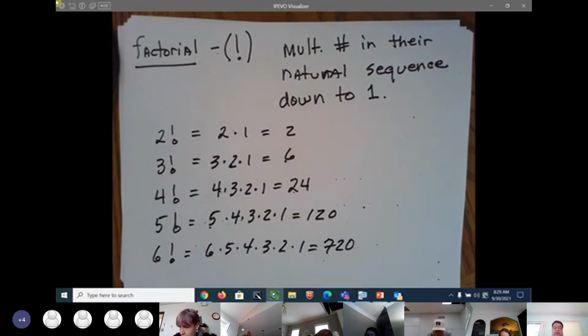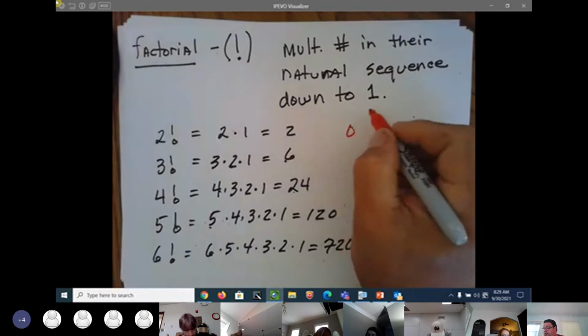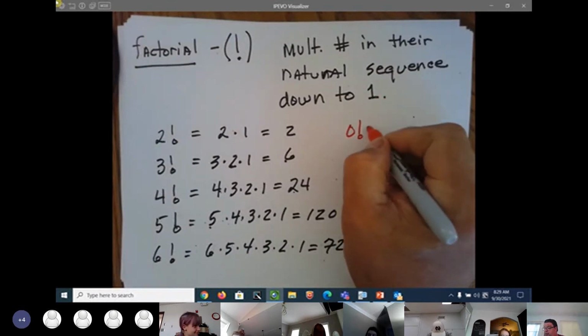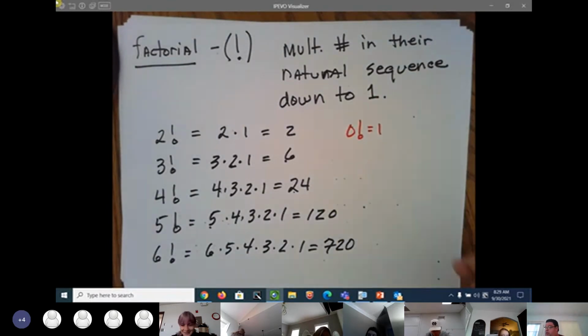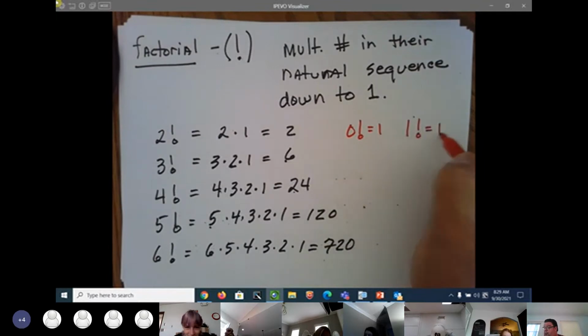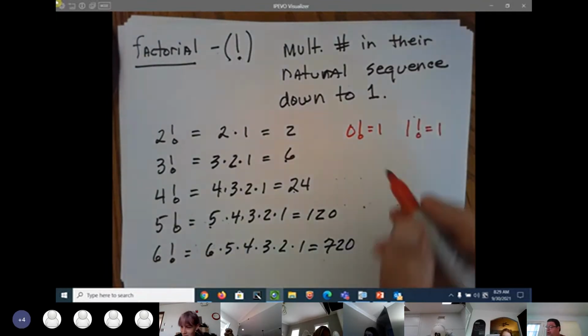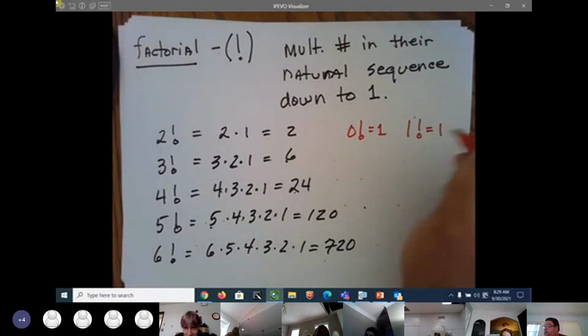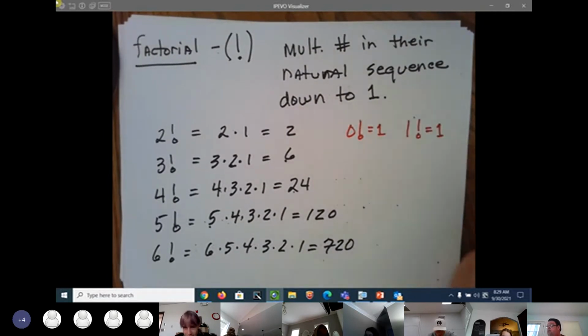Now we got to put some red notes. 0 factorial is equal to 1, and 1 factorial is equal to 1. So you need to write that down also. And let's go to your handy dandy calculator.